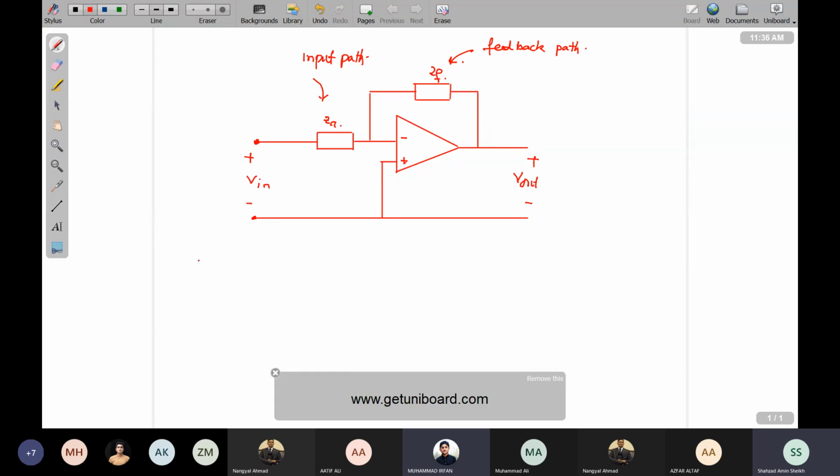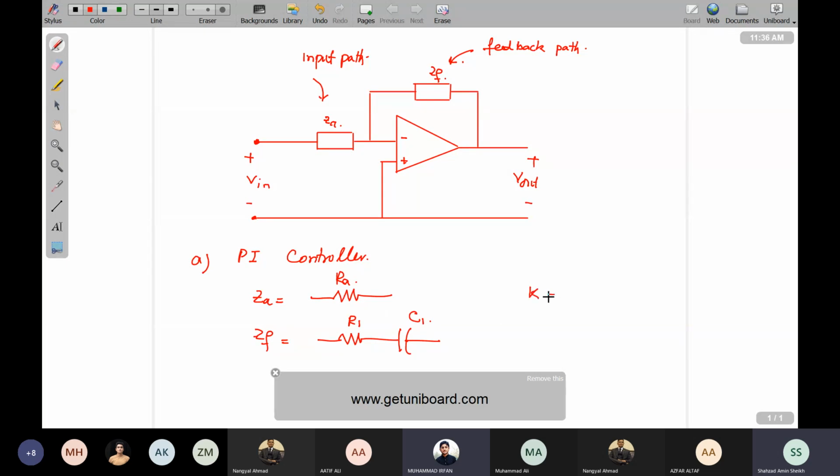If we take the proportional integral controller, in that case your ZA will be a resistance named RA, and ZF will be a simple RC component, R1 and C1.